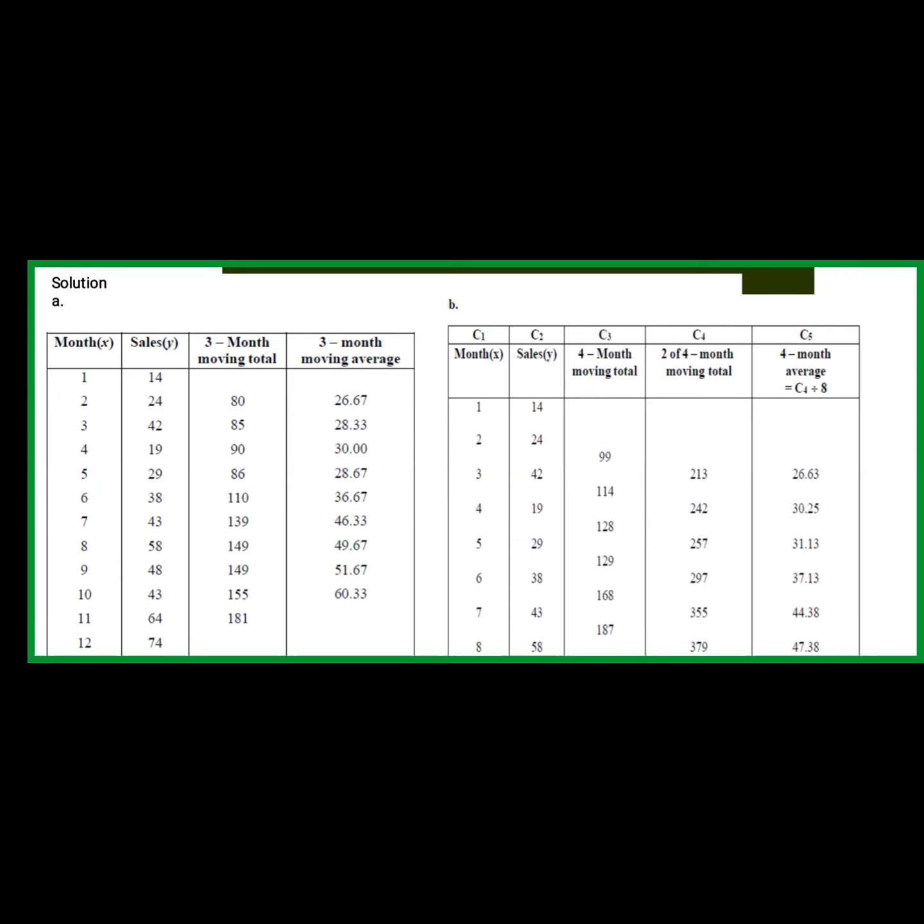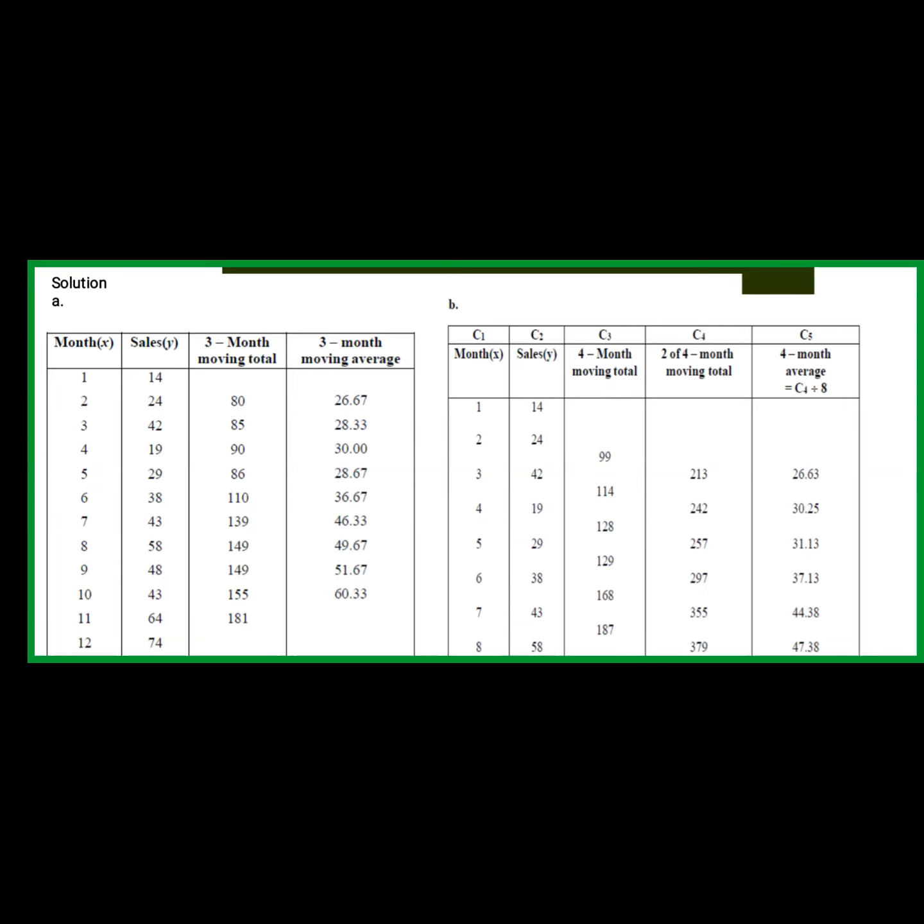We say 99 is 4 moving totals. 114 is 4 moving totals. So how many moving totals is 213? Just try and guess. 8.